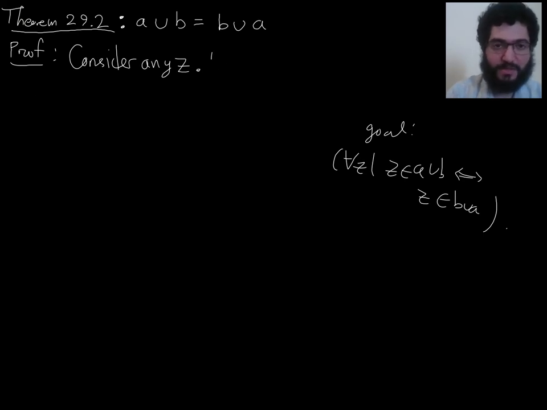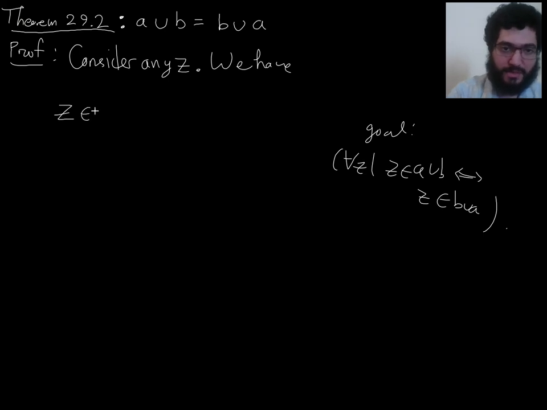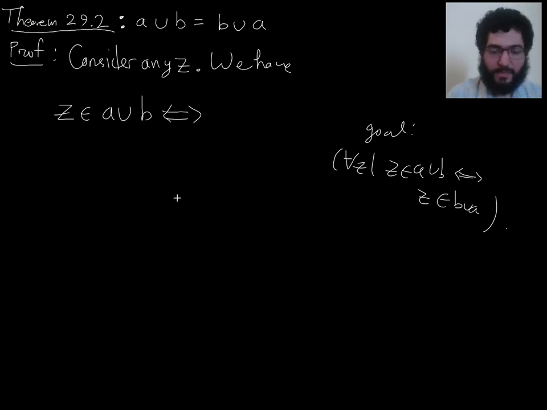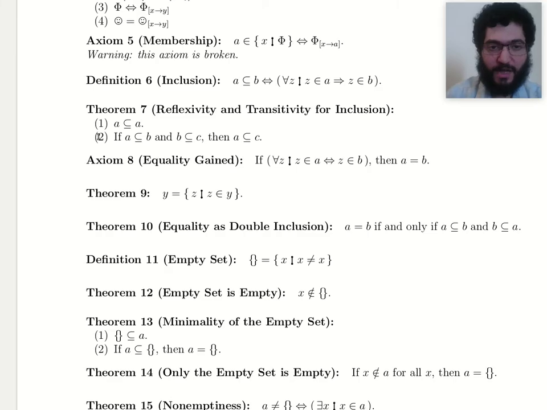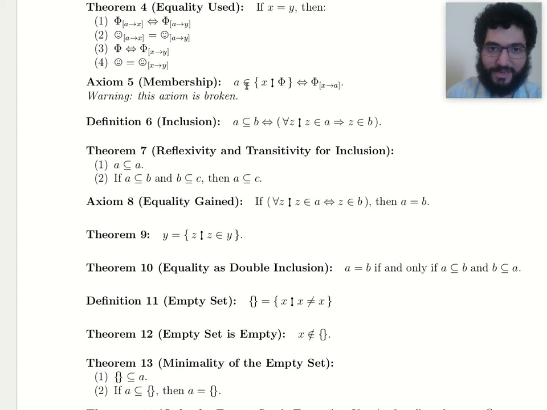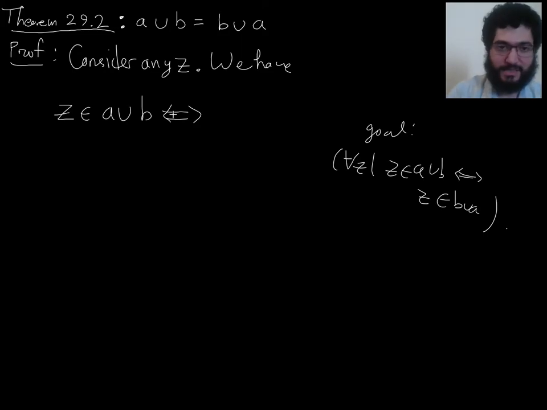We have z in there if and only if, now Axiom 5 provides the double arrow here, right? So something is in a set if and only if the membership condition holds. So this double arrow is this double arrow.